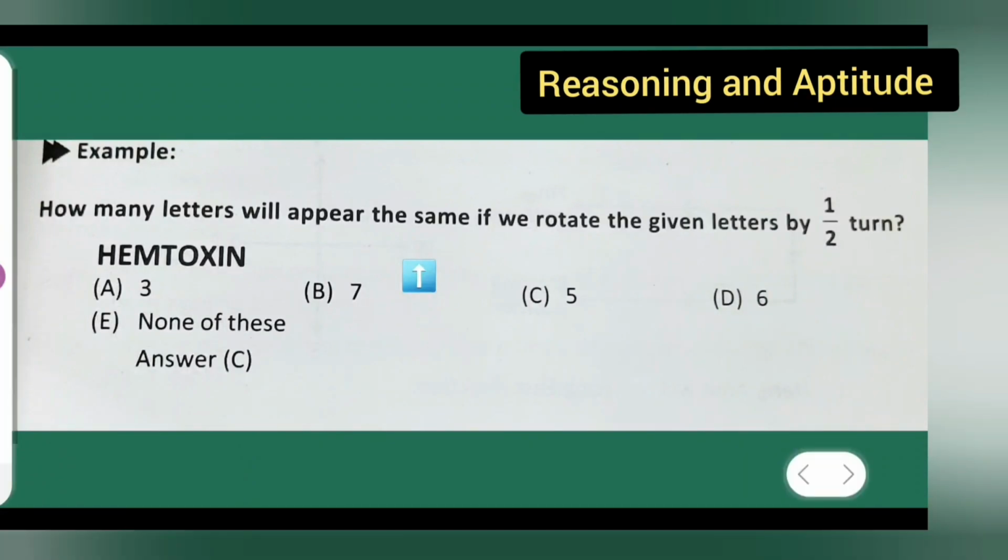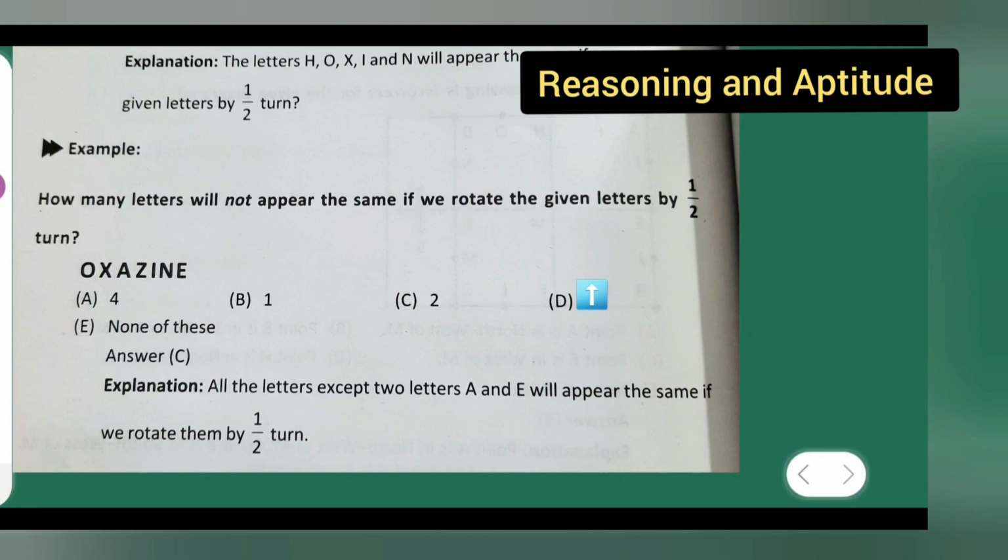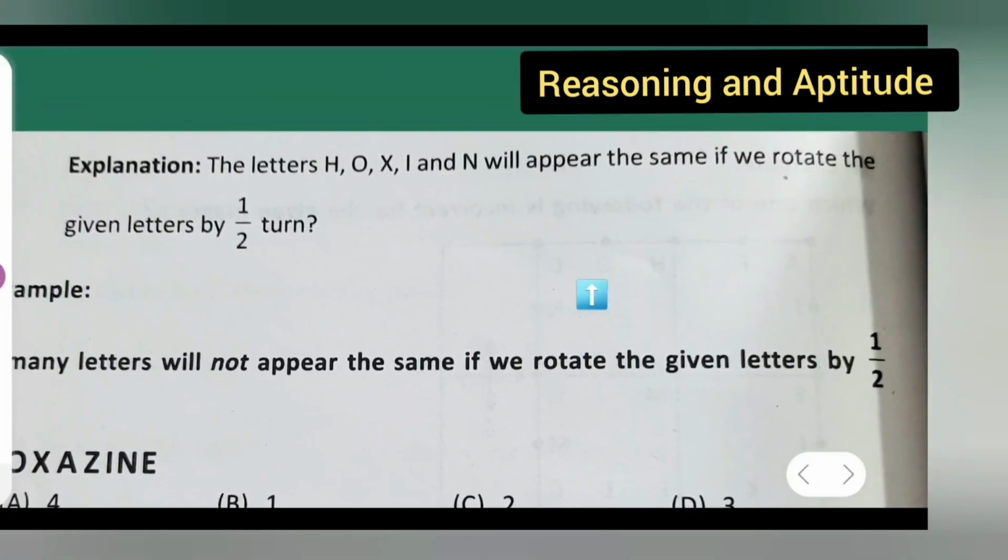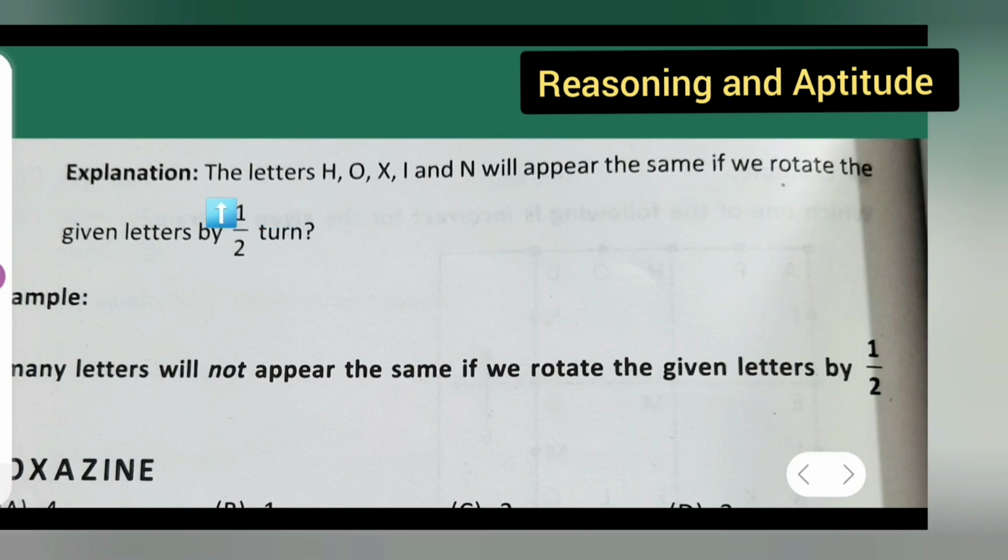So for this one, the correct option is option C, 5, because here the reason is given. Explanation is given: the letters H, O, X, I and N will appear the same if we rotate the given letters by 1/2 turn.